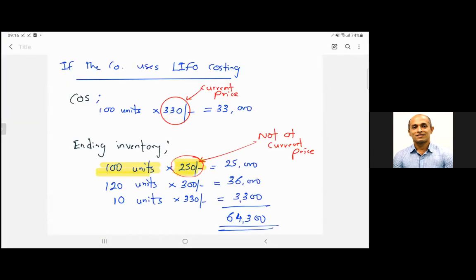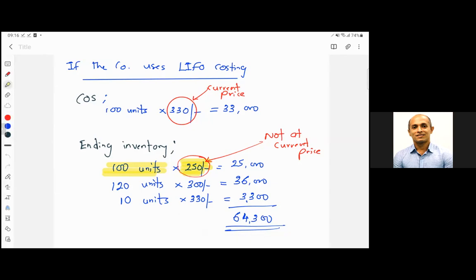So when you have this information, you can adjust. What is the adjustment? This 250 is not the current price. The current price is on average 300 to 330, on average 315.